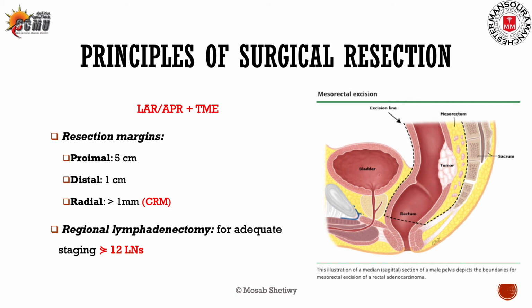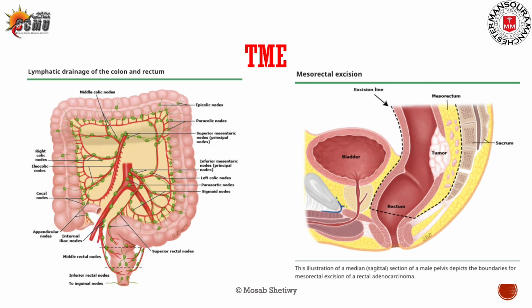The same lymphadenectomy procedure is also required, with adequate staging after removal of 12 or more lymph nodes of the lymphatic basin of the affected segment of the rectum. So what's a TME?